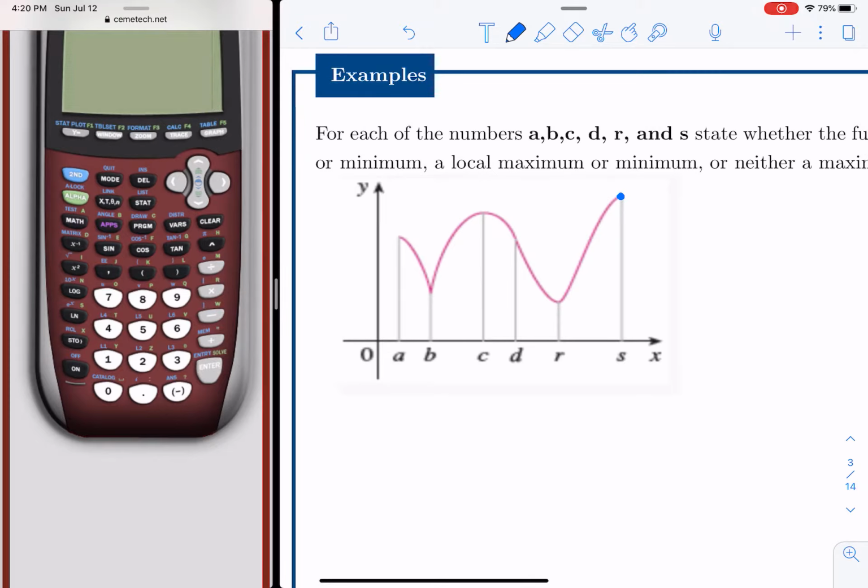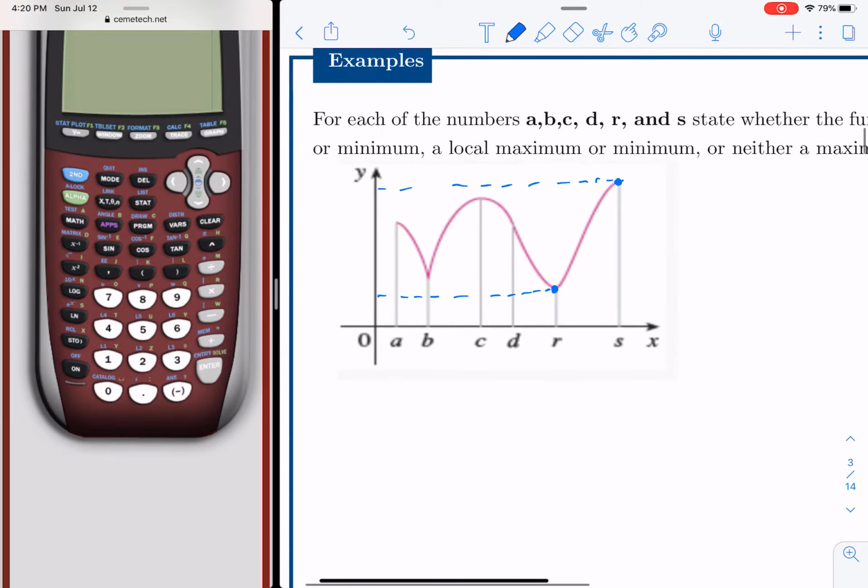And the smallest value that we can get for the function is right there. So that is the lowest y value that I can see, and that is the largest y value that I can see.